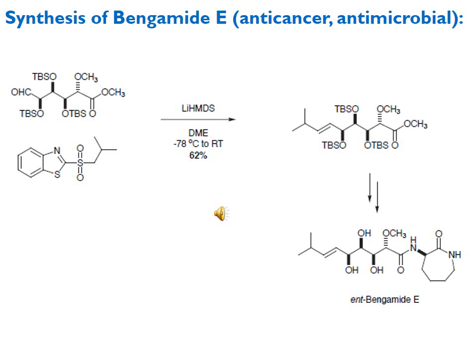To room temperature means first we use the reagent at minus 78, then slowly the temperature is moved to room temperature. The yield is 62%, and we get the intermediate, which is further treated in many steps, and we get the final product, the anti-cancer antimicrobial drug.